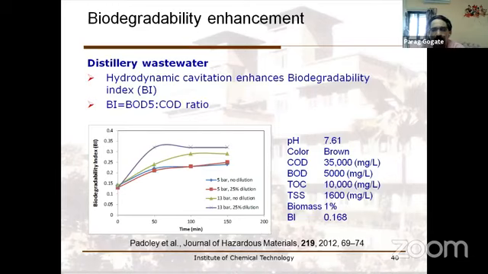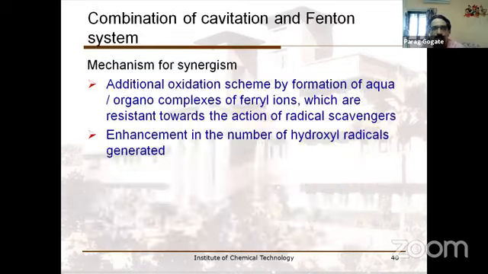You'll not get significant COD reduction in the pre-treatment alone, but what it's doing is trying to rearrange the complex molecules into simpler ones, which is clearly evident from the increase in the BOD to COD ratio. And then you can get a good amount of degradation using biological oxidation. So that's the advantage when I'm talking about using hydrodynamic cavitation as a pre-treatment.